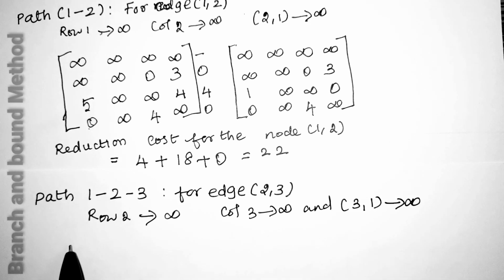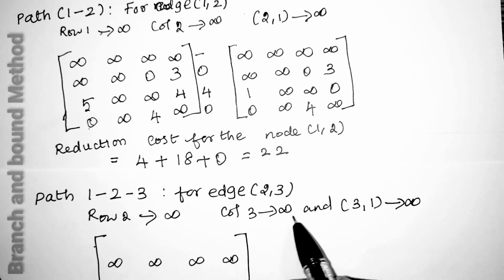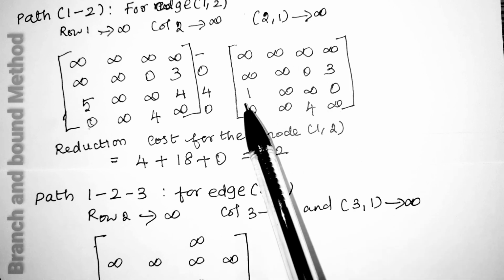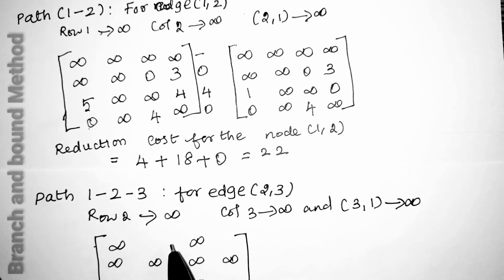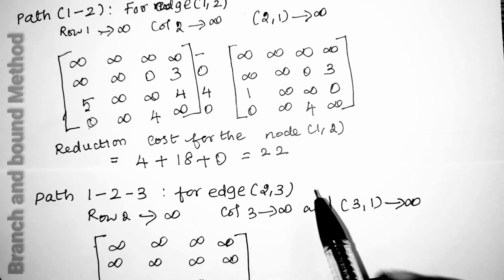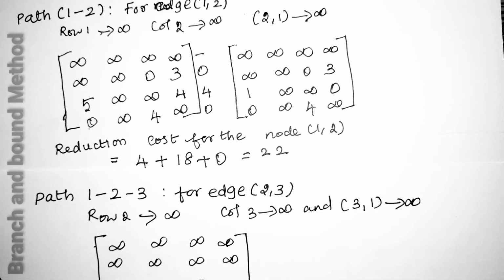The reduced matrix is: second row is infinity, third column is infinity, and you write the remaining as it is, that is infinity, infinity, infinity, and 1, infinity. 3, 1 is also infinity, so put infinity here, and this is infinity, this is 0, 0, infinity, infinity.